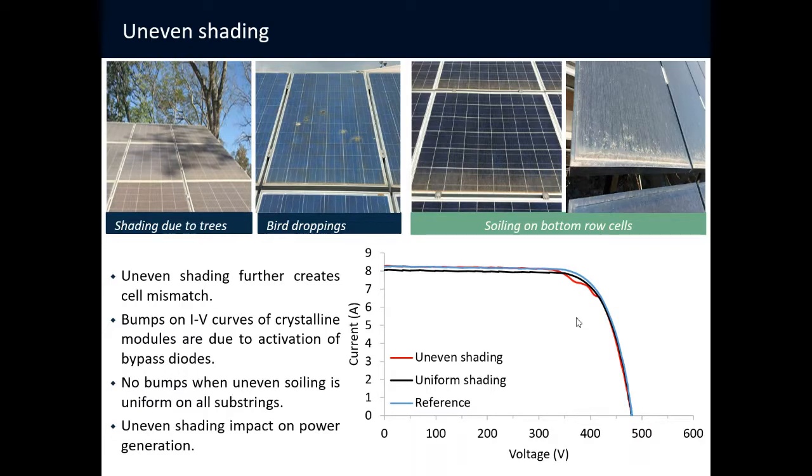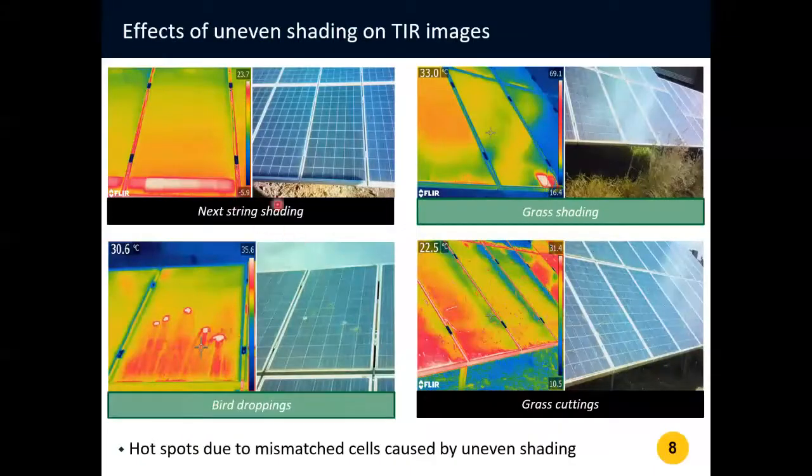Okay, this slide is showing the effects of uneven shading on PV modules. This one is showing shading due to neighboring modules, which partially shaded the bottom row and caused the cells to be abnormally hot.